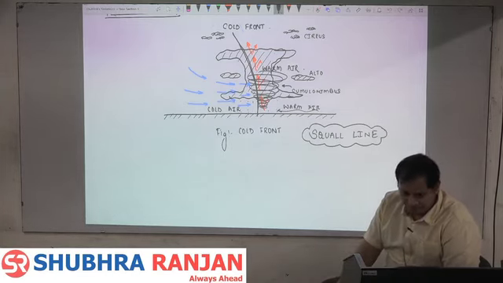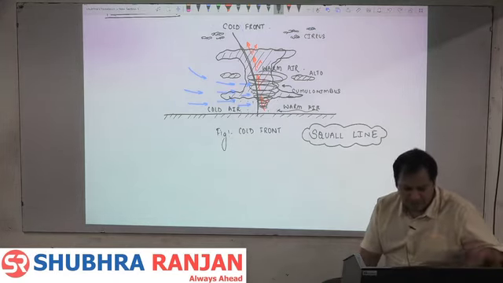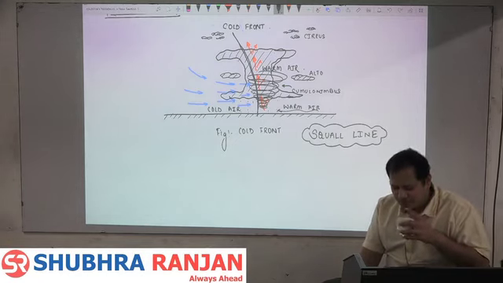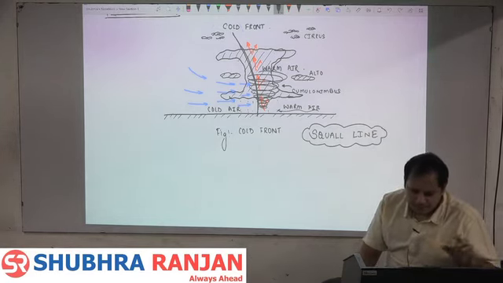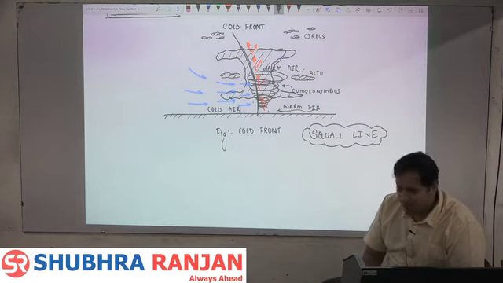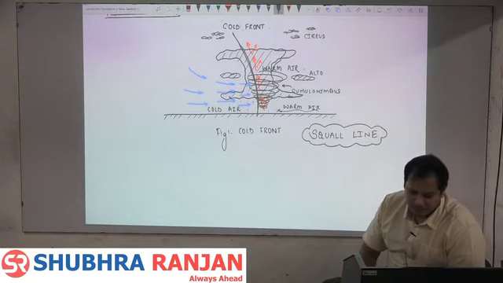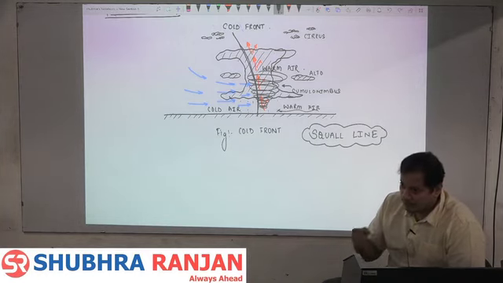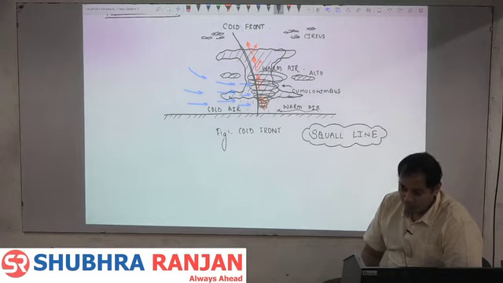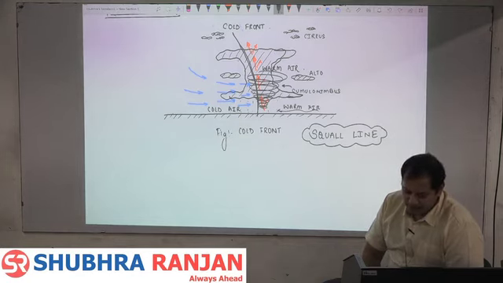Next point, if the cold air moves over a very warm water surface, it absorbs heat and moisture, making the precipitation more intense.